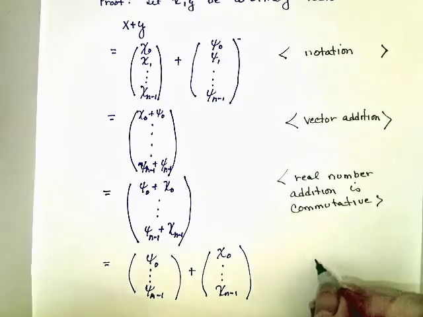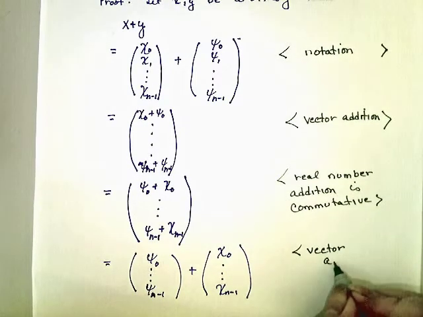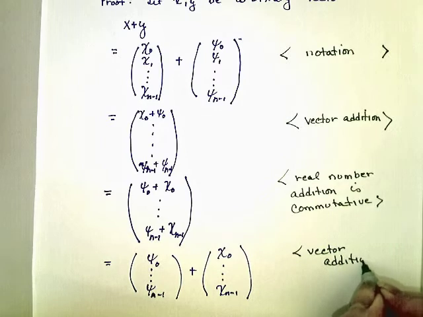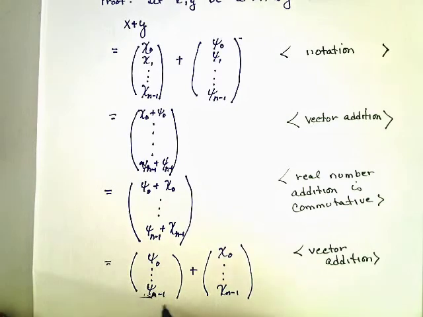Again, that's just due to vector addition. Which is actually, this first vector is notation for y, and the second is the notation for the vector x.